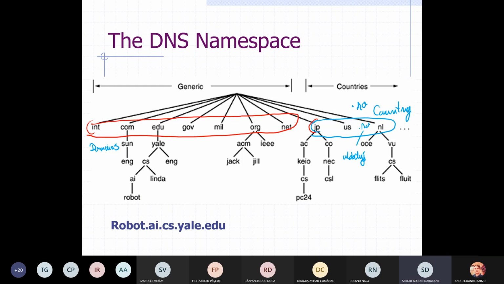Now, it's distributed this way because, in fact, the DNS database is stored hierarchically. It's distributed, but the database is hierarchic as well. So if we want to learn information about this machine here, we will identify its top level domain. And there are so-called root DNS servers in the world.